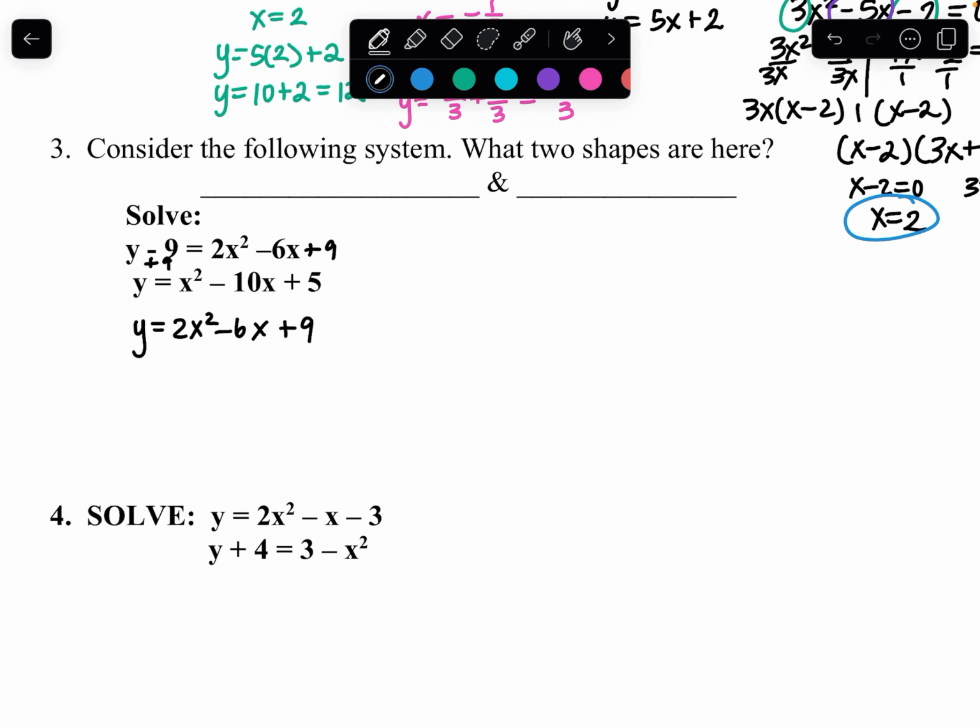So once you have them both solved for y, just set them equal to each other. So I have 2x squared minus 6x plus 9, and then x squared minus 10x plus 5. And so both of these are quadratic, so we're going to have two parabolas. Both of them are going to make that U shape.